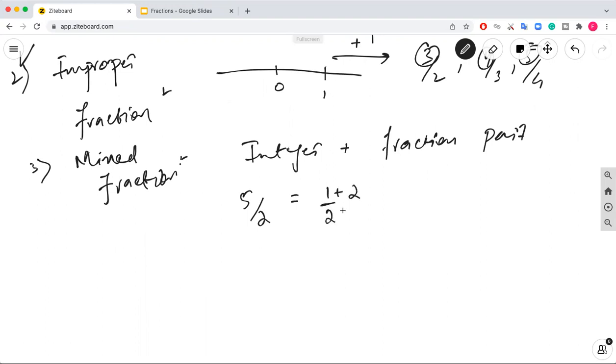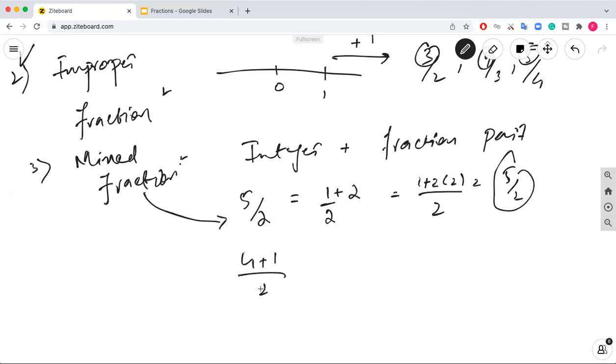If I solve this, it will be straightforward: take the LCM, this is (2 times 2 plus 1) over 2, which is again 5/2, right? So if I try to convert this into a mixed fraction, I will do it this way: 5 is 4 plus 1, divided by 2, where 4 is a multiple of 2. So this will be 2 plus 1/2. And I can write this as 2 1/2. This is the whole number part, the integer part, and this is the fraction part.